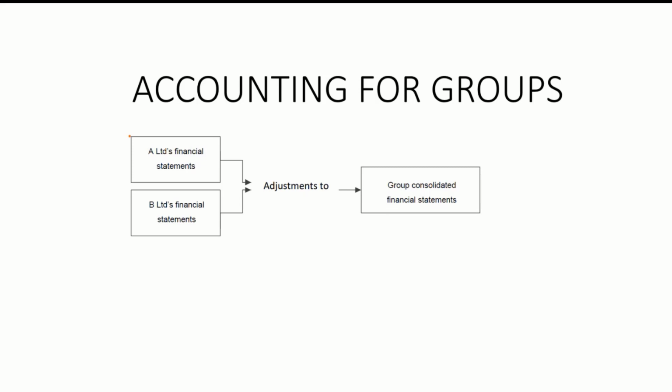So consolidation is very easy. I'll recap. You bring the financial statement of A Limited, you add it to the financial statement of B. You make adjustments. What are those adjustments? You eliminate intercompany balances, the accounts receivable or the debit, the loan and the asset that is sitting on both sides of the entity.